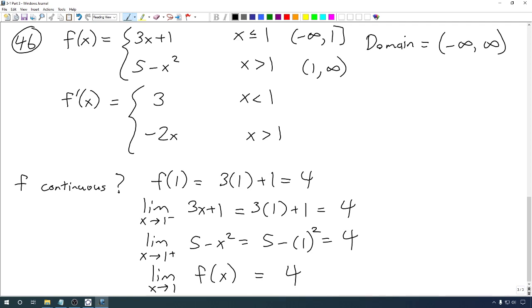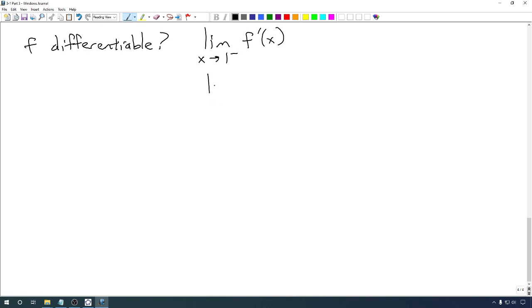Is it differentiable? Does the derivative exist? We're going to have to do the exact same thing, but now we're going to find the limits of f prime. F is differentiable. Here we're going to take the limit of our derivative as x goes to 1 from both sides.